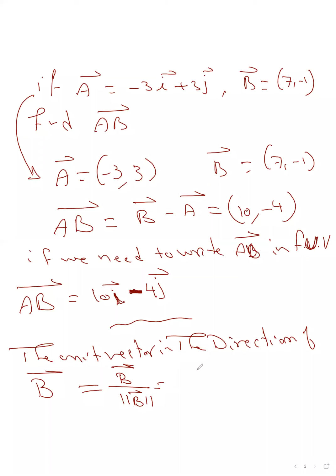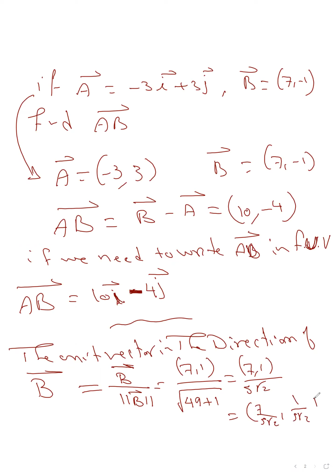It will be (7, 1) divided by the square root of 49 plus 1, so (7, 1) over root 50, which is 5 root 2. So the vector is 7 over 5 root 2 and 1 over 5 root 2. This is called B star.